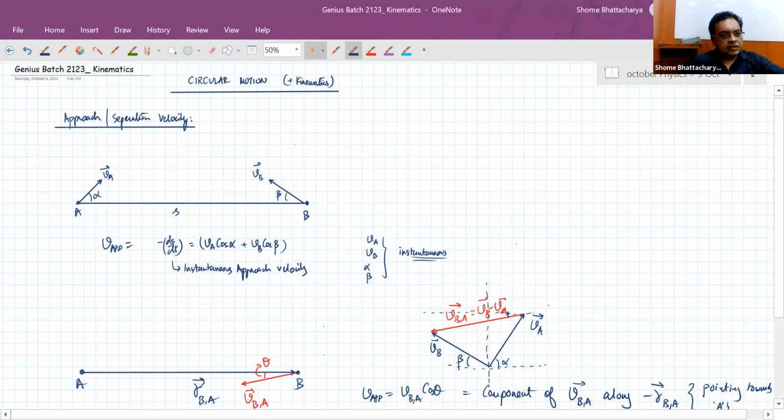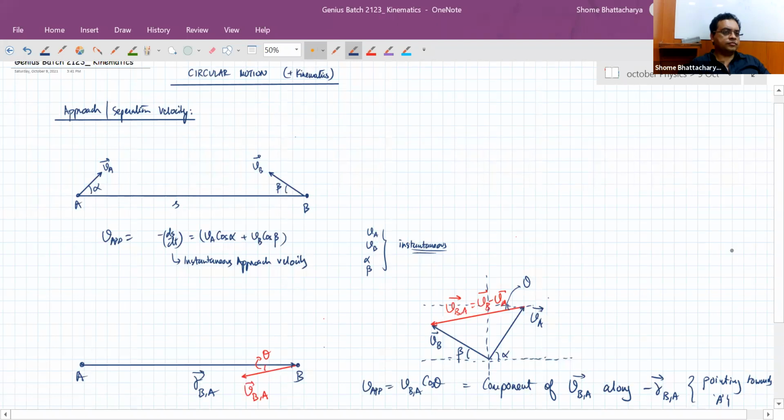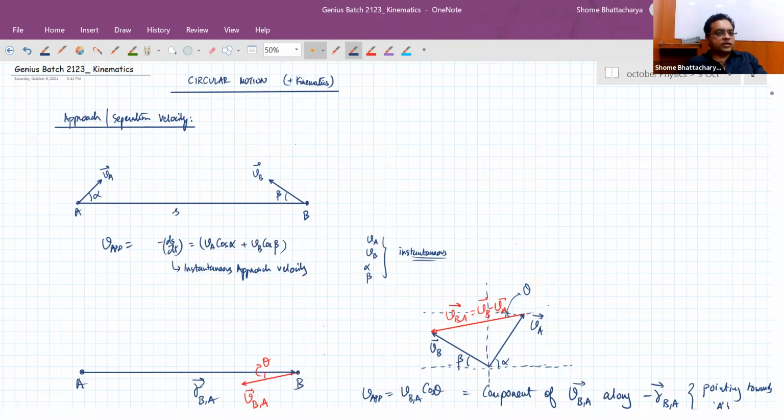There's some angle theta here with respect to this line parallel to this baseline. To calculate that, this would be another way of expressing the approach velocity, that it is the component of the relative velocity of B towards A.